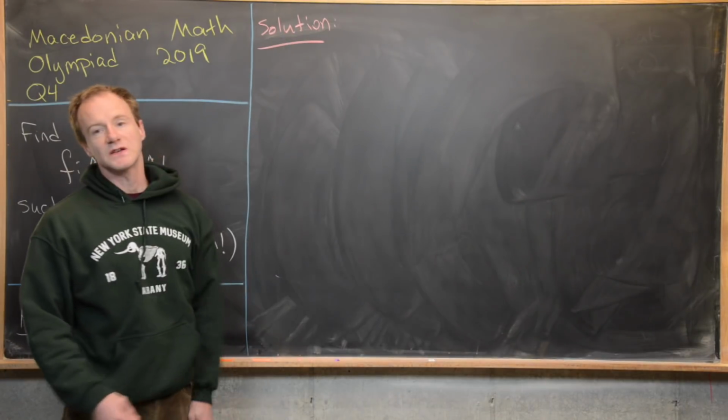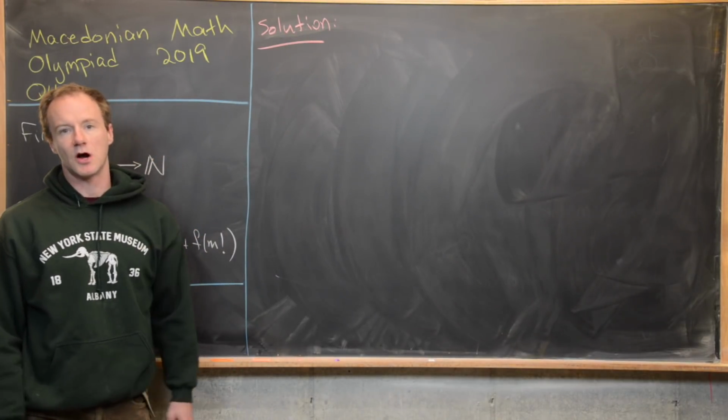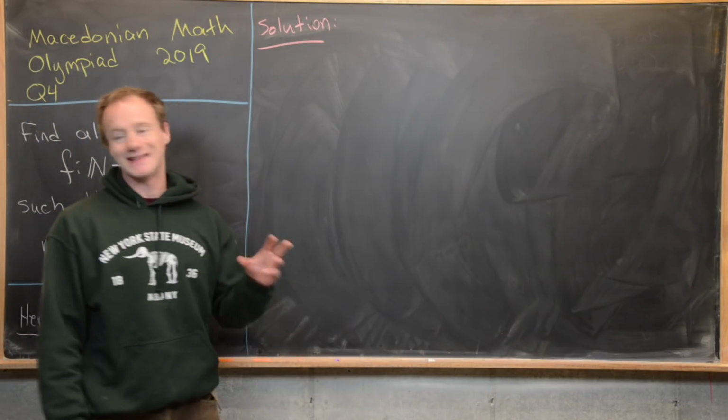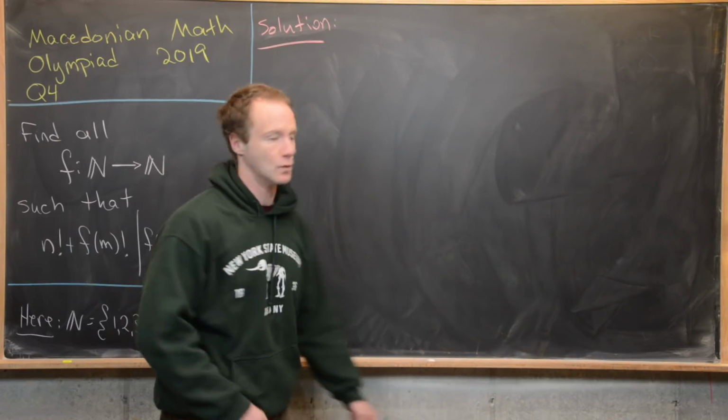Okay, so maybe give this problem a go with these hints and we'll come back with a solution. So hopefully those hints were helpful. Now we're ready to launch into a solution. So we're going to start with maybe the simplest setup, and that is m equals n equals 1.